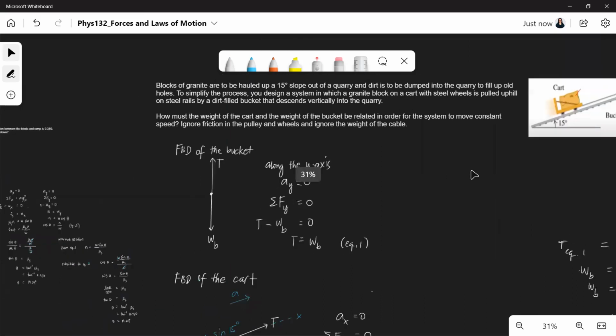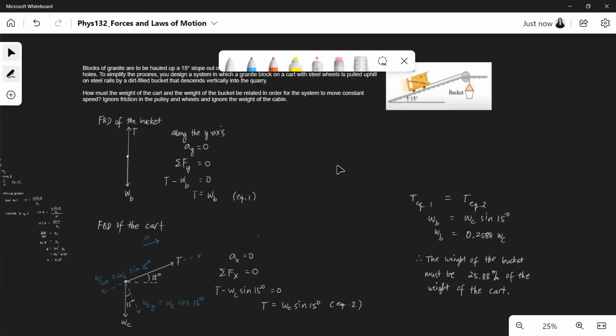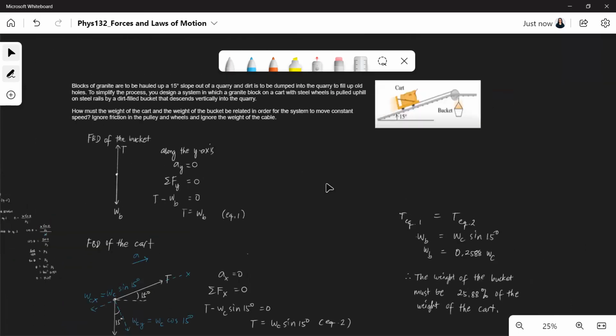So basically, you can summarize the computations by looking at the entire system. So we can do a systemic approach, since the two are just connected using a massless cable. If you analyze it, the weight of the bucket simply makes the cart move up the rail.